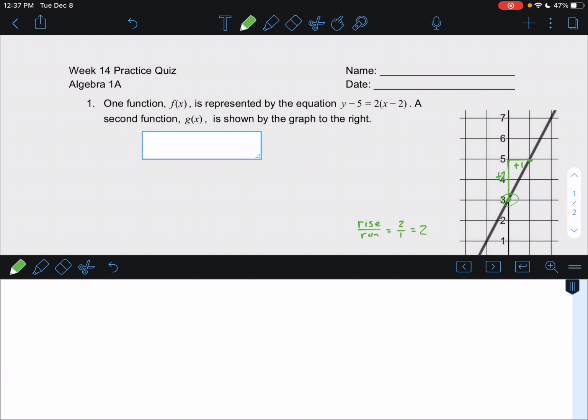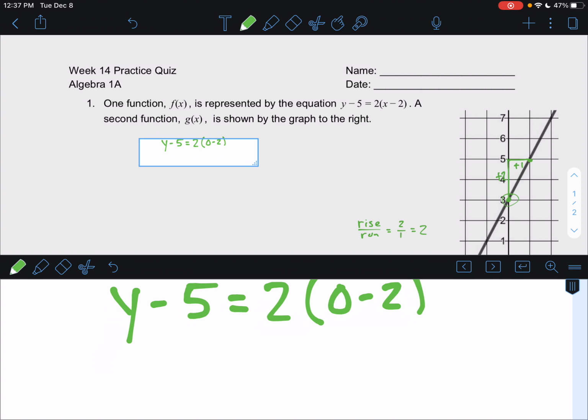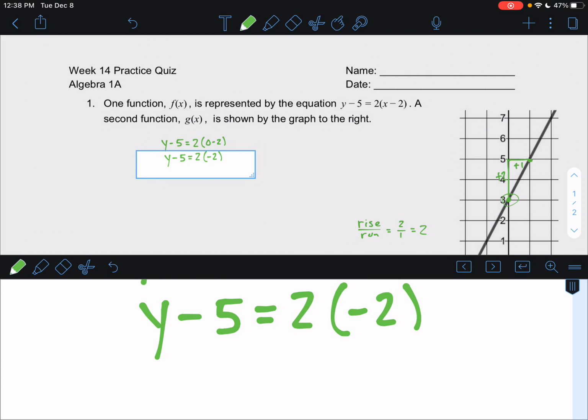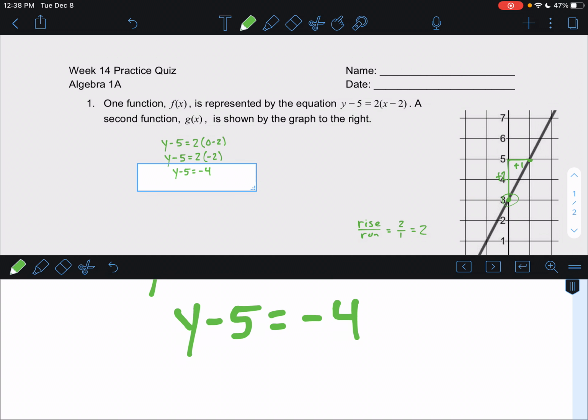So I have y minus 5 equals 2 times 0 minus 2. The stuff inside the parentheses is what I'm going to do first because of our order of operations. 0 minus 2 is negative 2. Then I want to do multiplication. So I have y minus 5 equals 2 times negative 2, which is negative 4.